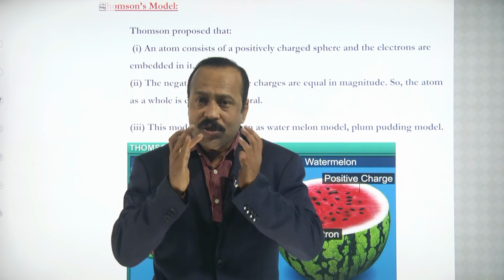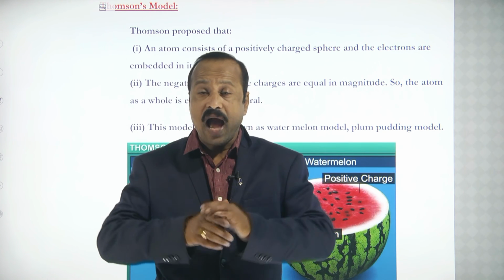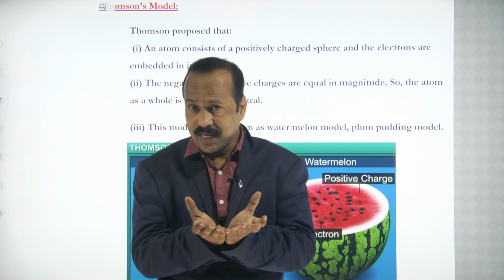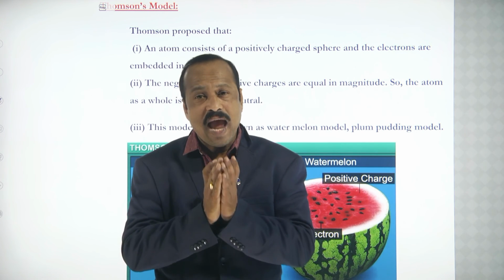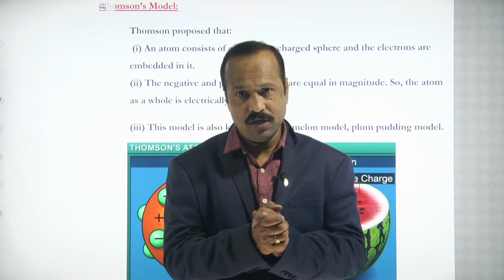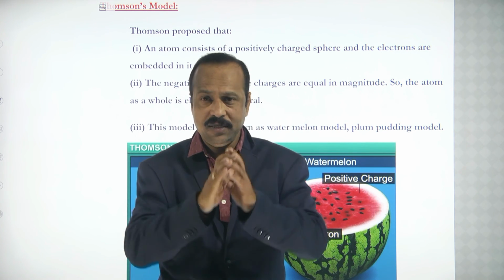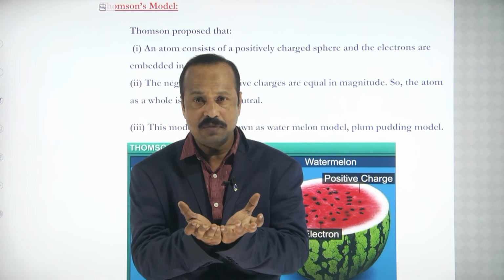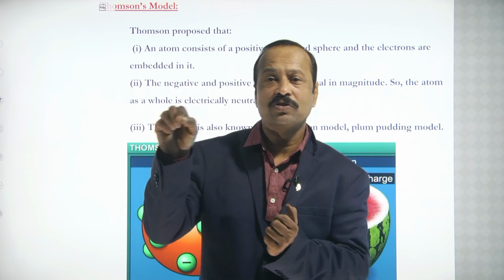So what he thought was that the atom is like a sphere, and this sphere is completely positively charged. Atom is like a positively charged sphere, meaning the total positive charge is present in the atom, and in that, electrons are present.